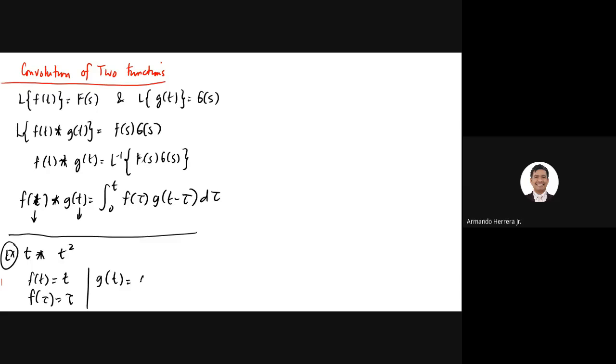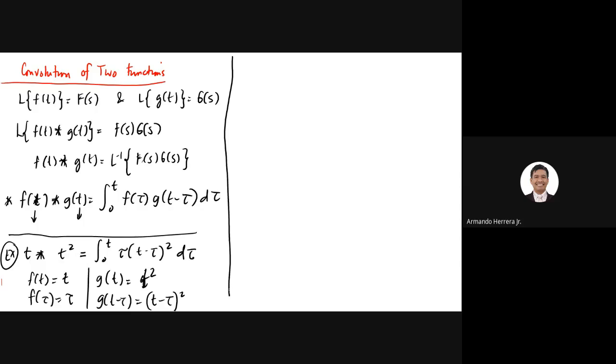And if g of t is t squared, then g of t minus tau is t minus tau raised to the second power. By definition, that's the integral from 0 to t of f of tau, which is tau, times g of t minus tau, which is t minus tau raised to the second power, d tau.